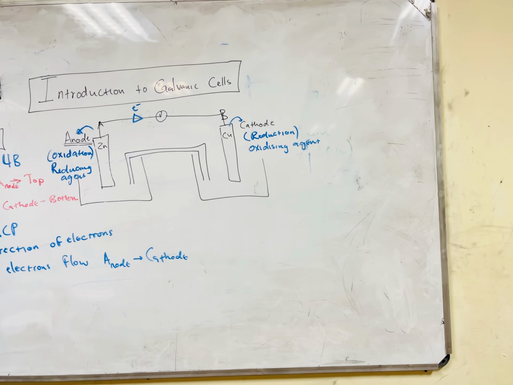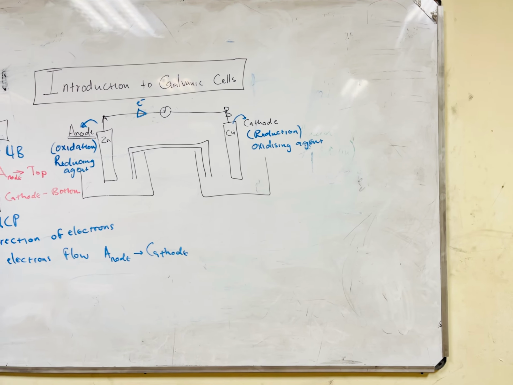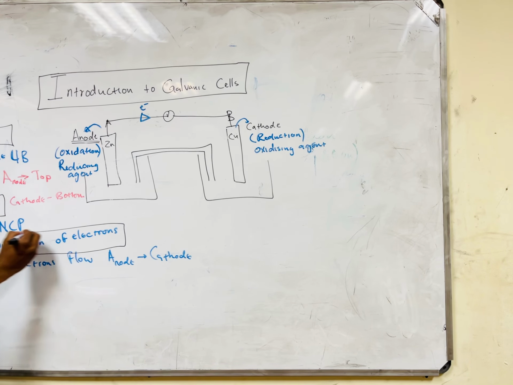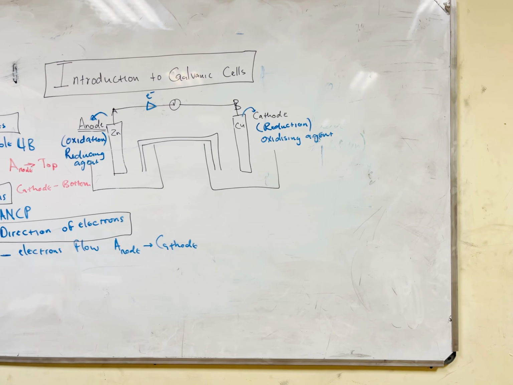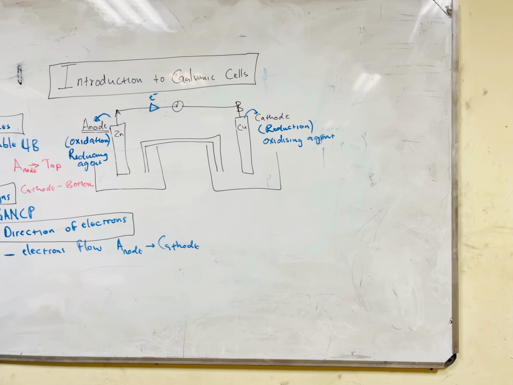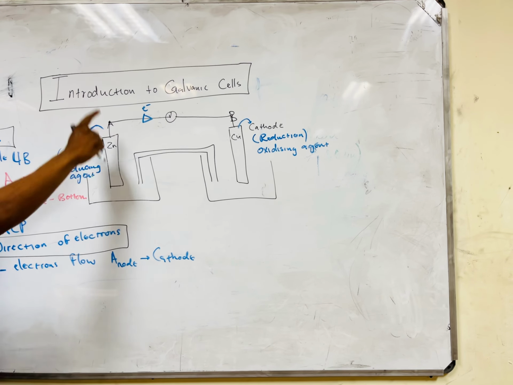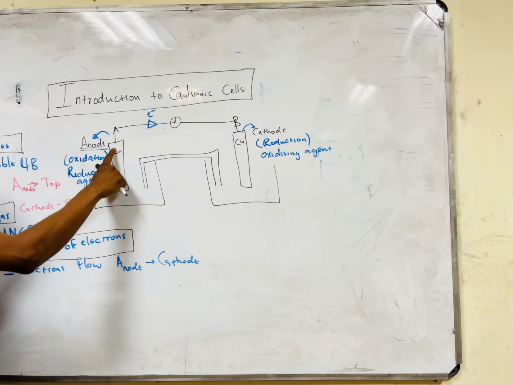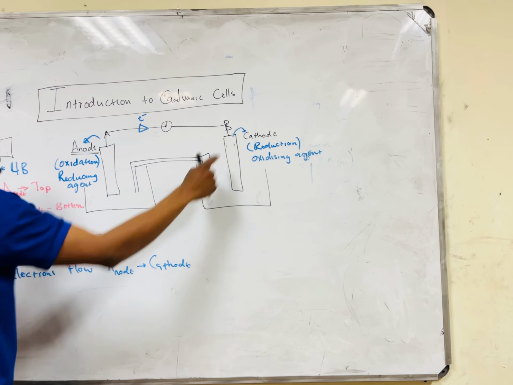If they give you signs, plus or minus, you use the government of ANC is the president. If you are given the direction of electrons, in the external circuit of a galvanic cell, the electrons always flow from anode to cathode, which means that if the electrons flow in that direction, this one has to be an anode and B must be a cathode.